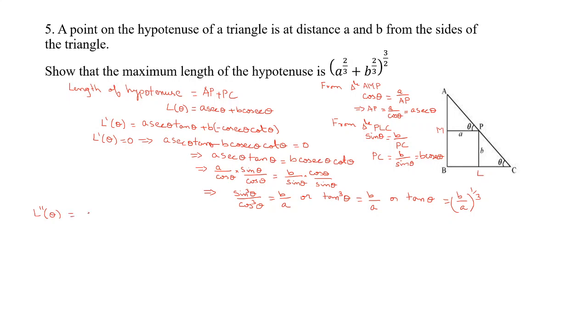So it will come as a into, this is with respect to theta, so using the product rule, it will come as secant cube theta plus a into secant square theta into tan theta.